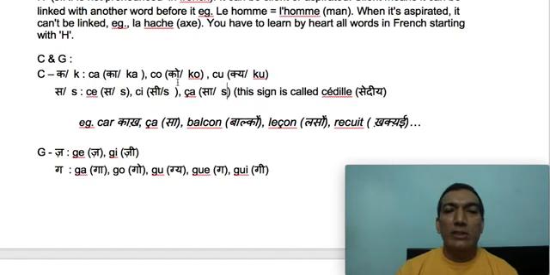If you just remember, there are only 5 vowels, and when C is followed by these three vowels, it will be pronounced as K, and when followed by E or I, it is pronounced as S.